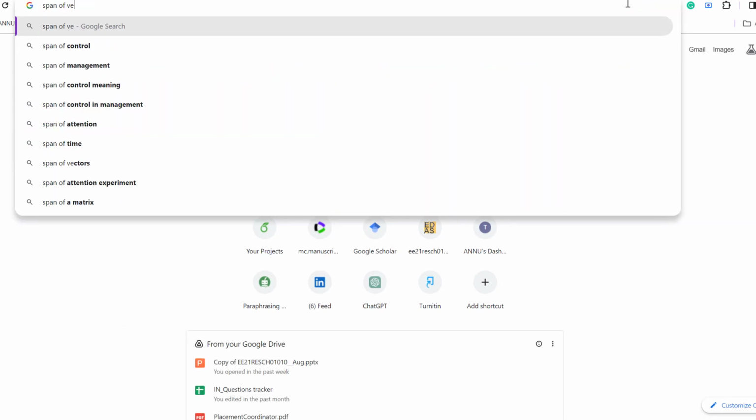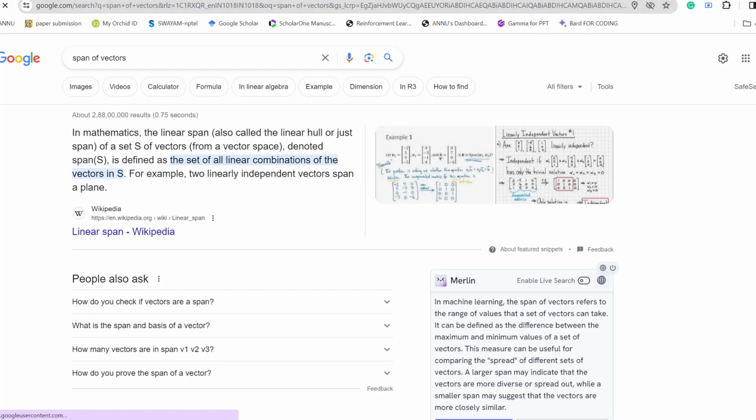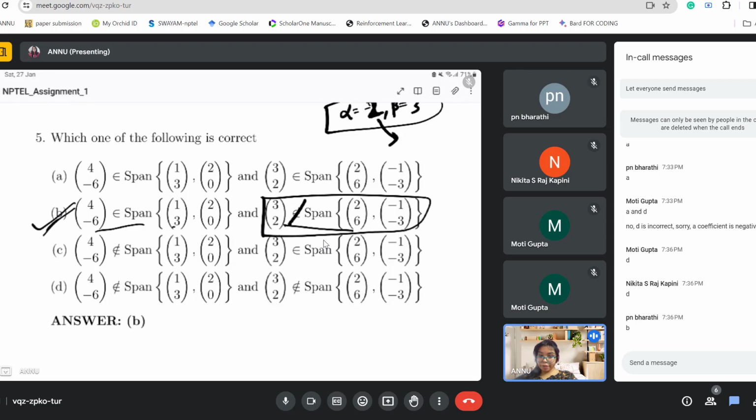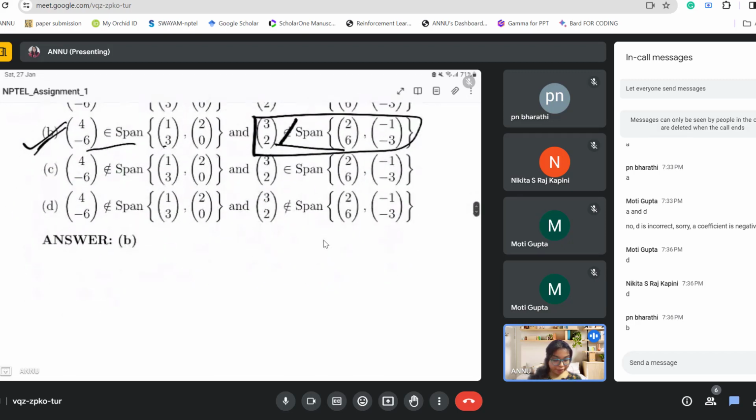Span of vectors is the set of all linear combinations. Yeah, so it is correct according to the definition, the set of all linear combinations of vectors. So if any linear combination of the vectors is also giving 4 and minus 6, then D should also be the answer.